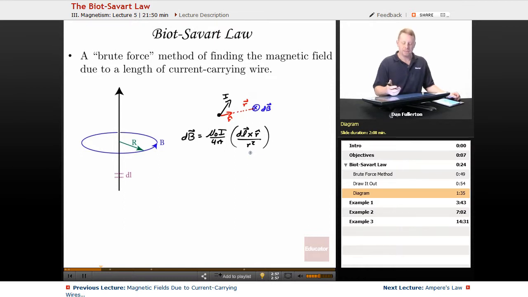Or, same basic diagram, same basic setup, you may also see it written as mu naught I over 4 pi dl crossed with the r vector, not r hat, divided by r cubed. And those are equivalent because r hat is just the r vector divided by the magnitude of the r vector, so r vector over r cubed is equivalent to r hat over r squared. So that's the Biot-Savart Law.